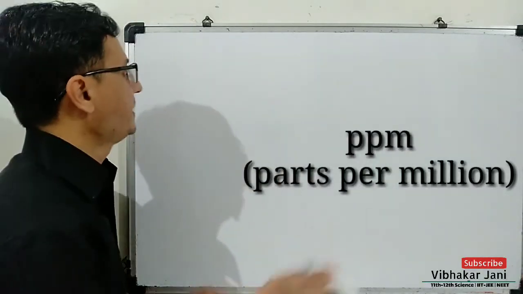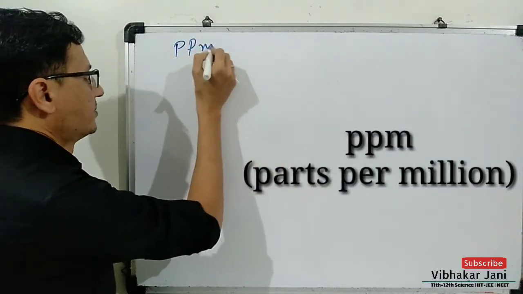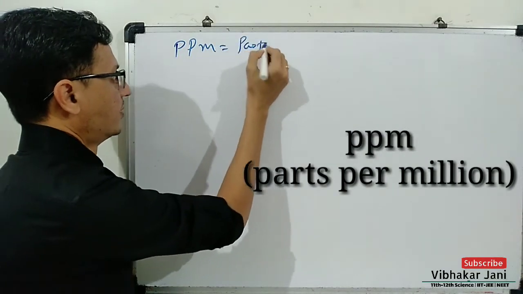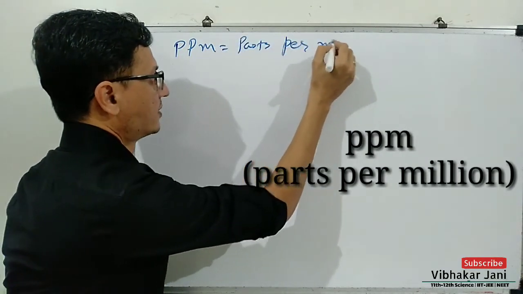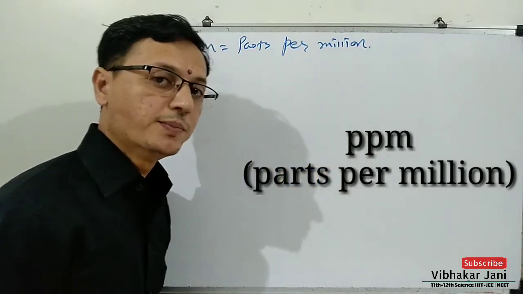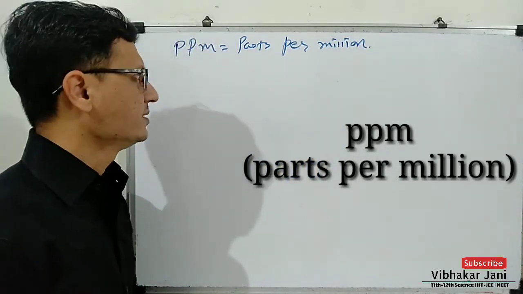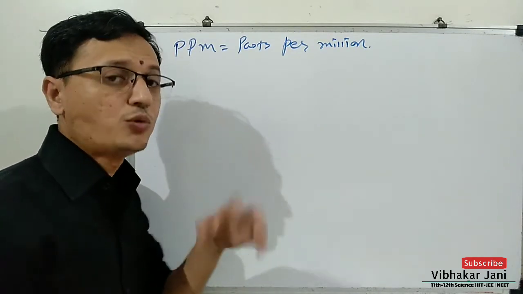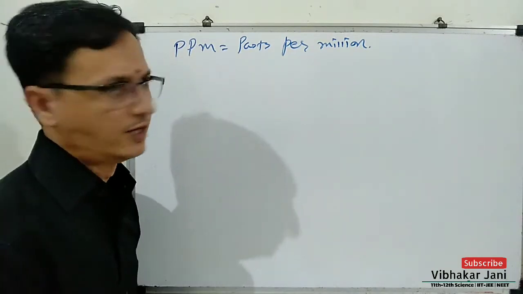The word ppm stands for parts per million. That means some parts out of a million.